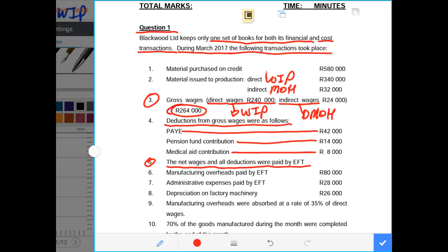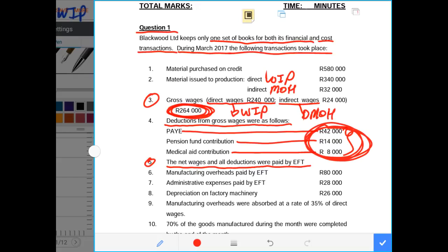Remember, this is the total amount of wages that were supposed to be paid, which is the gross wage. Inside the gross wages are the deductions. The total amount of all these deductions is included under that gross wage, because gross wage is before the deductions were taken into record. So that is the gross wage.